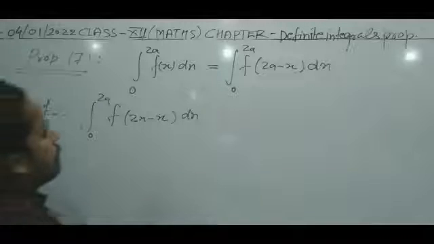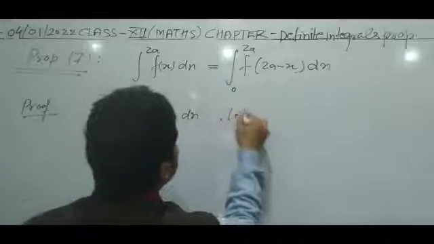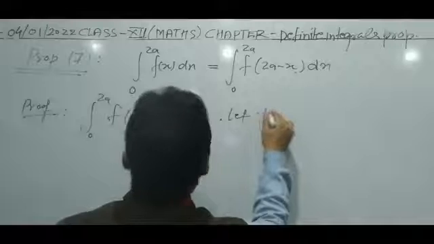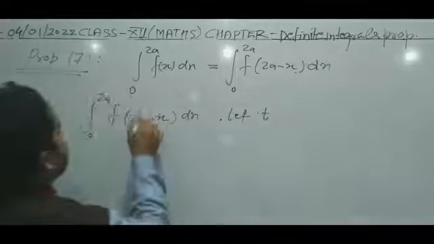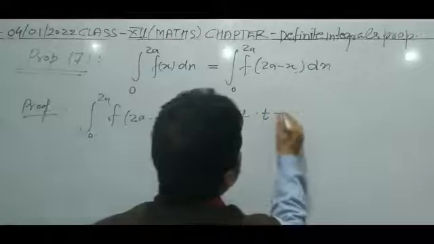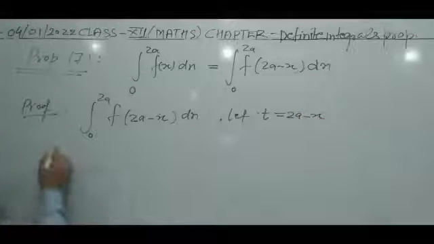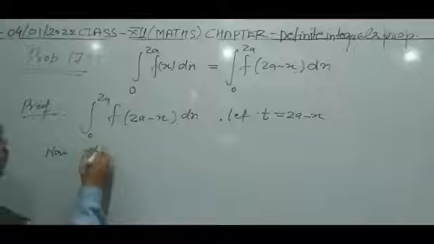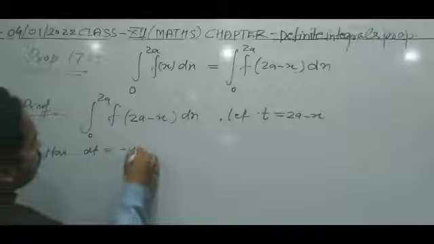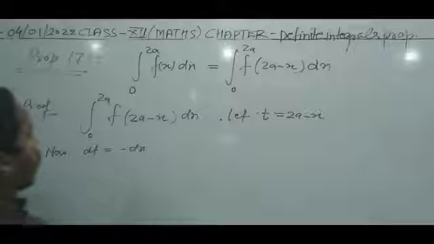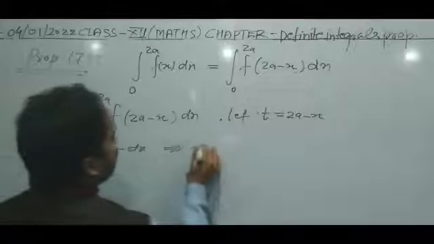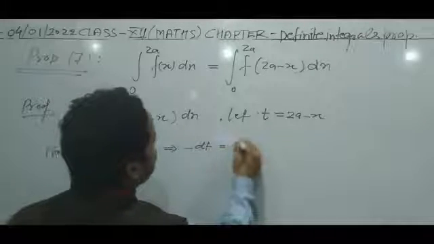Now in this format we are going to consider, let t is equal to 2a minus x. Now dt is equal to minus dx. Now this one we can write minus dt is equal to dx.